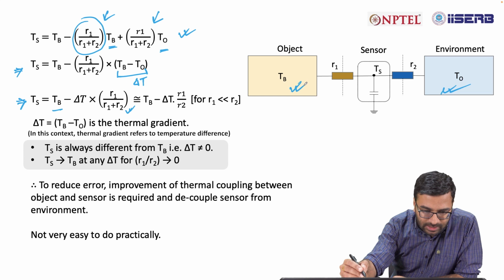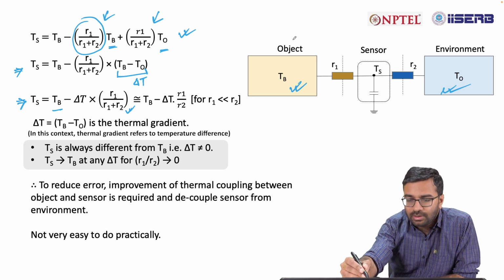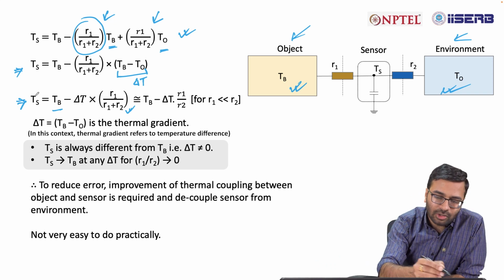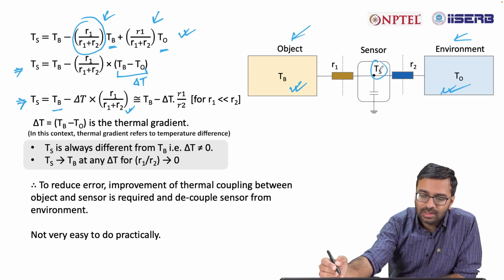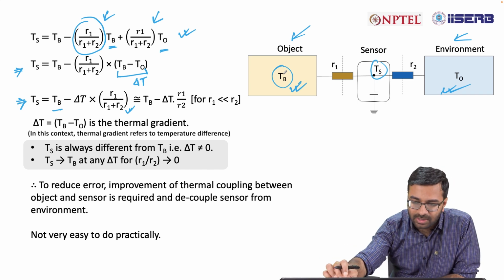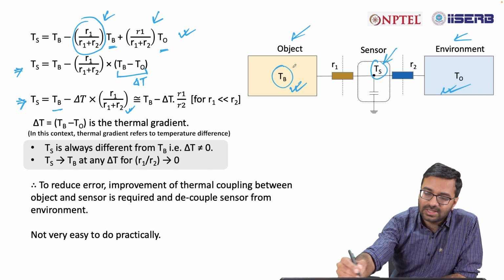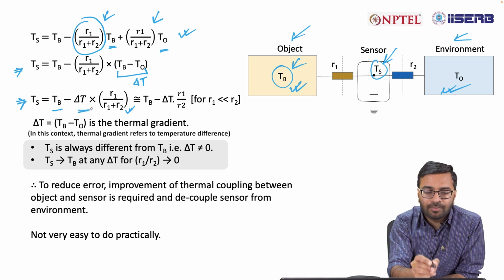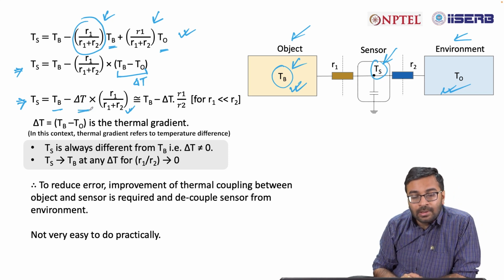So, it is very clear, if there is a temperature gradient between object and the environment, then your sensor temperature is not equal to the object temperature. In fact, your sensor temperature will always be less than the object temperature, because it is Tb minus some value if there is some gradient.